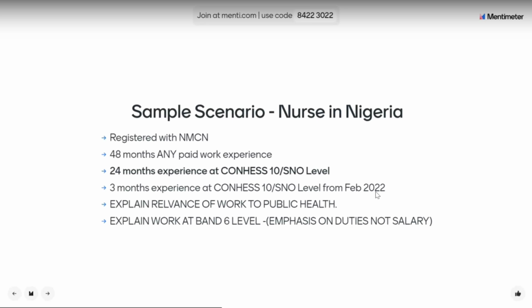All those are relevant to public health. And how you explain this is going to determine if they confirm your eligibility or not.